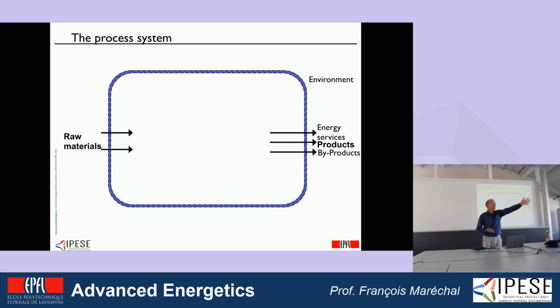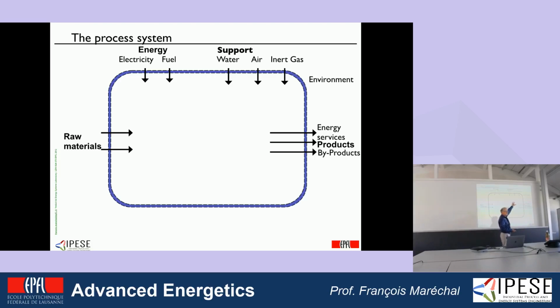And I do agree that I will need all the flows afterwards, and a very nice model, of course. But I first have to look at what I'm going to produce, because this is what is going to make my revenue. What I have to understand is how the energy and all the support materials will be consumed in such a way that I will make the products that I want.